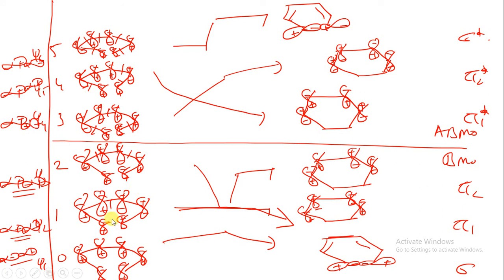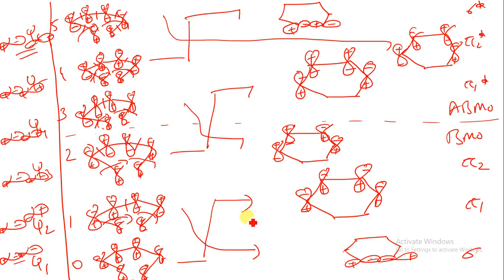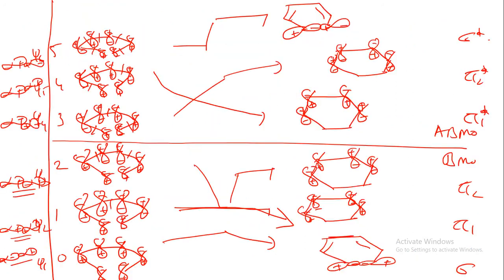By that way, whatever graph is there for the conrotatory, you just have to reverse. Suppose you get minus plus over here, for the disrotatory you just have to see it will have a minus minus sign, so the energy will be decreasing. So you can calculate by your own for the disrotatory rotation. It is your homework.